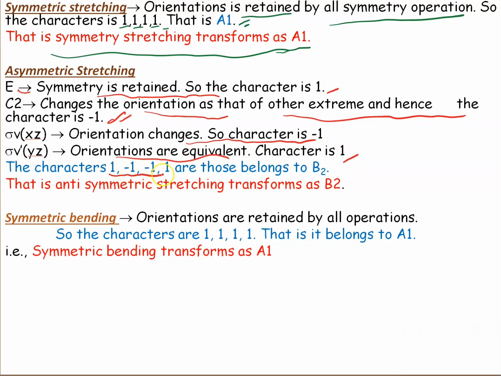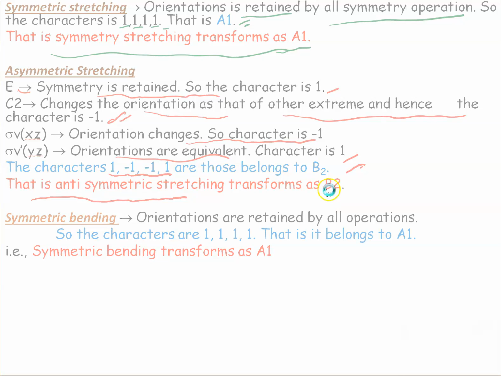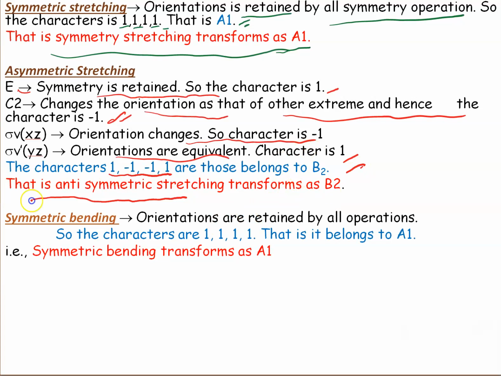Characters 1, -1, -1, 1 are those of B2. That is, anti-symmetric stretching transforms as B2. Then symmetric bending: orientations are retained by all operations. Characters are 1, 1, 1, 1. That is, it belongs to A1. That is symmetric bending. That is what we have studied.